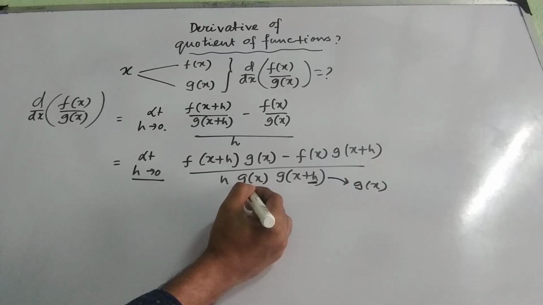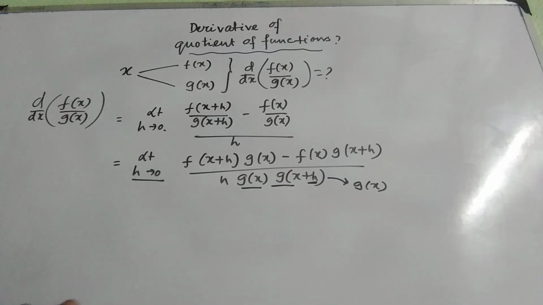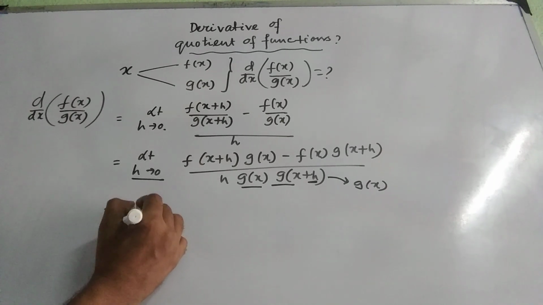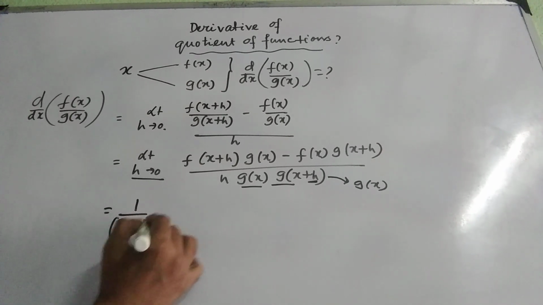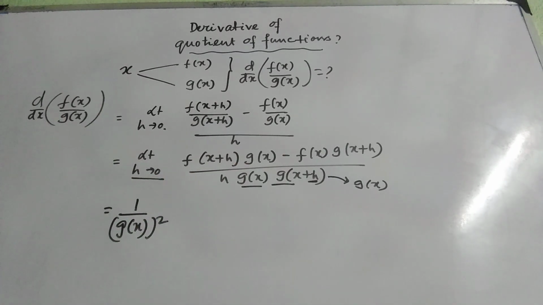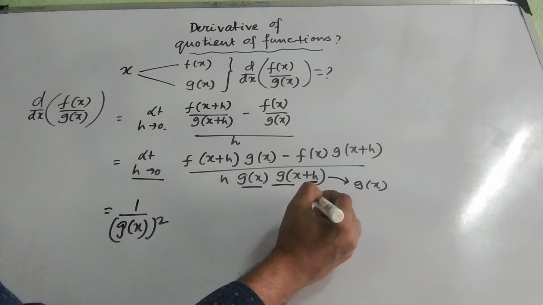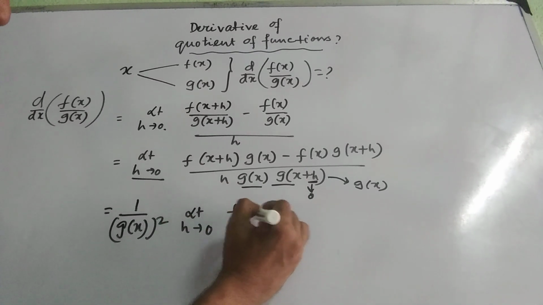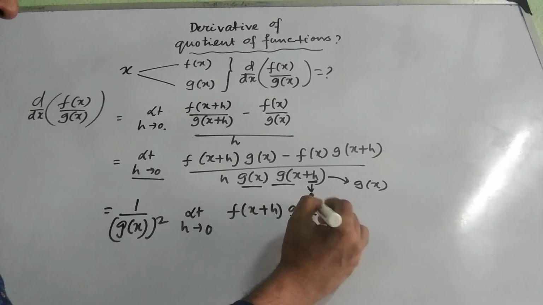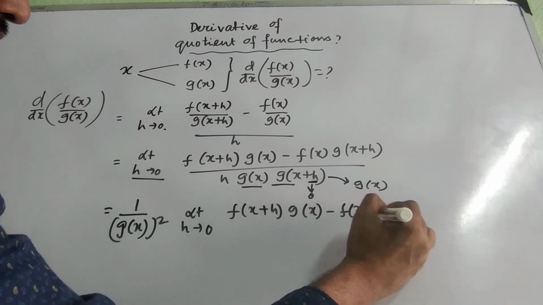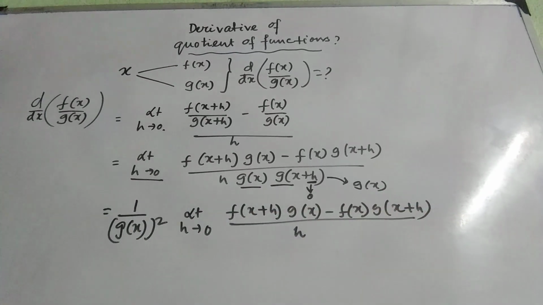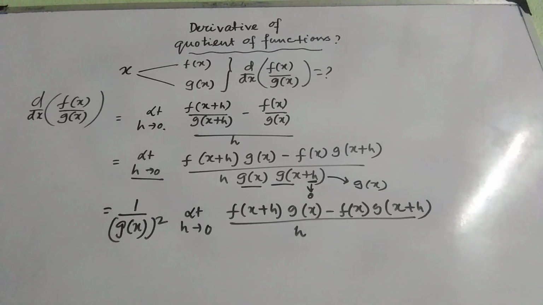The denominator becomes g(x) times g(x), that is g(x) squared, which I can take out of the limit as 1 by g(x) squared, since I have already put h equal to 0 there. So the limit finally comes to [f(x+h) g(x) minus f(x) g(x+h)] by h. Right?